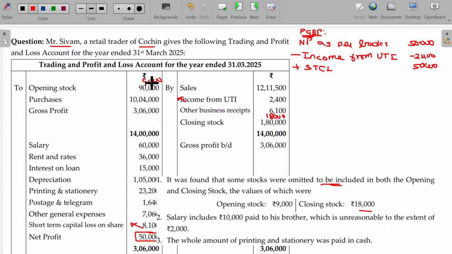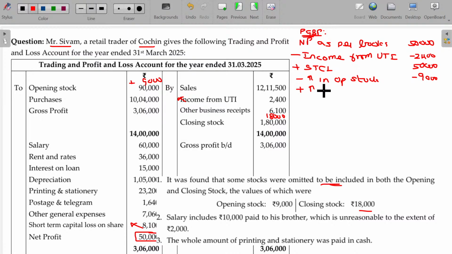Now, if we include 9,000 in opening stock, what happens? Debit side increases, profit will decrease. So you have to reduce the profit by the increase in opening stock. Because of this, your profit will decrease by 9,000. In case of closing stock, if you increase it, it's a credit item, it increases your profit.